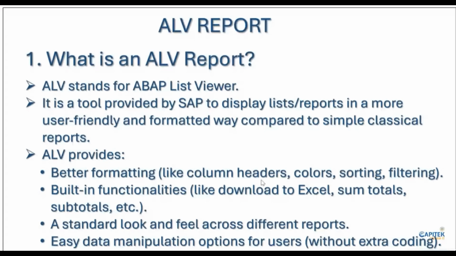All these are the different formatting features that ALV can provide you on the output dynamically. You have different icons available in the output, and whichever way you want, you can go with respect to that kind of formatting. And the next one is the built-in functionalities.